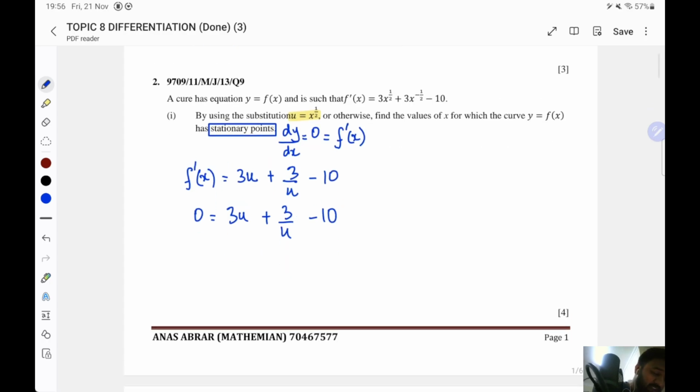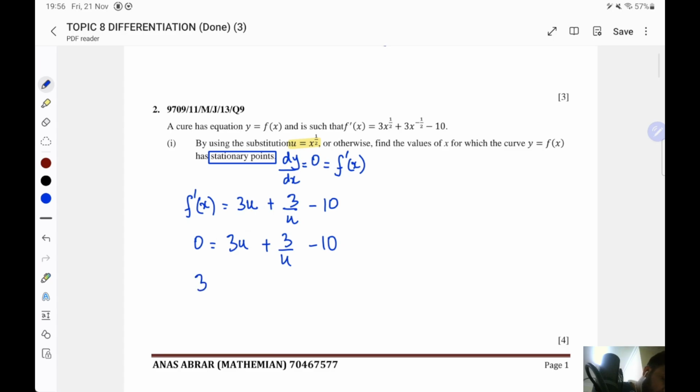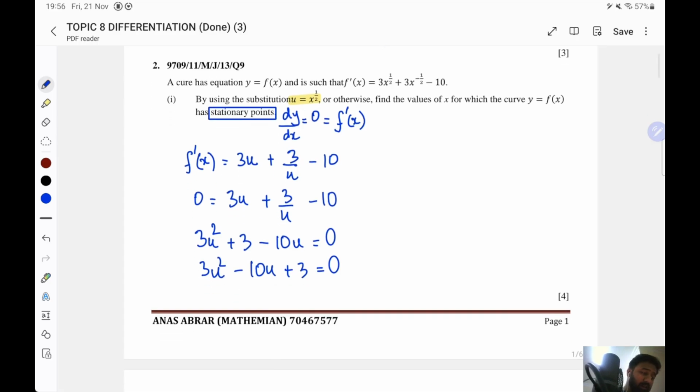Now simplification is the only thing required. 3u squared plus 3 minus 10u, equals 0. Let me make it an equation: 3u squared minus 10u plus 3 equals 0. Now all you need to do is factorization.